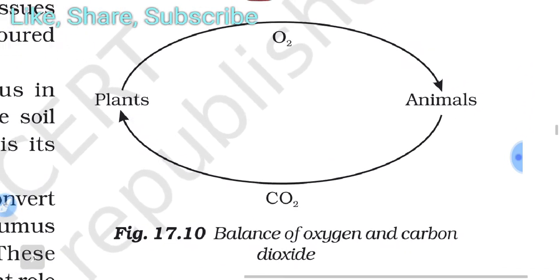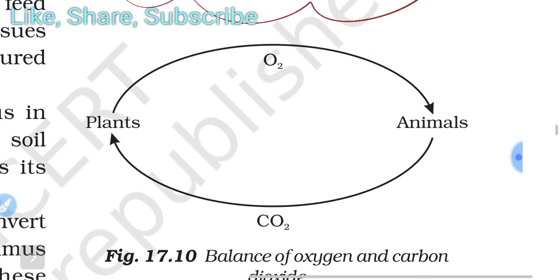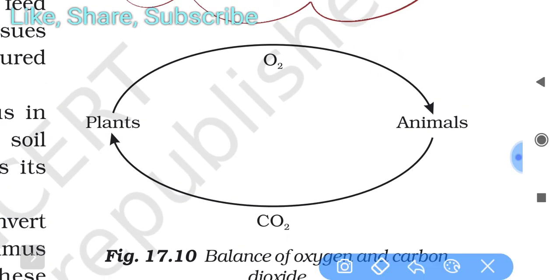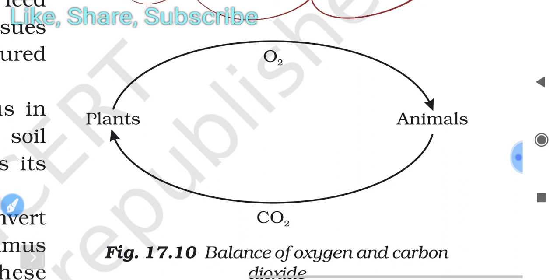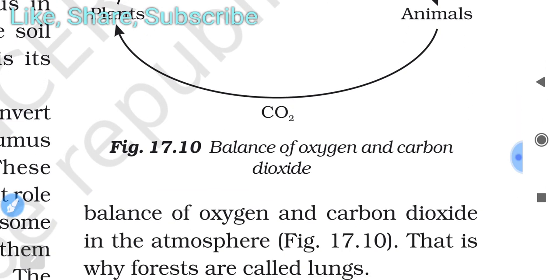If you see here, from animals CO2 is given to plants by the process of respiration, and from the process of photosynthesis, they provide us oxygen. So this is the balance of oxygen and carbon dioxide.